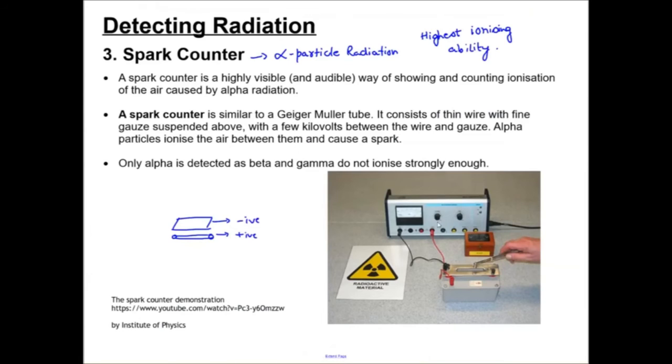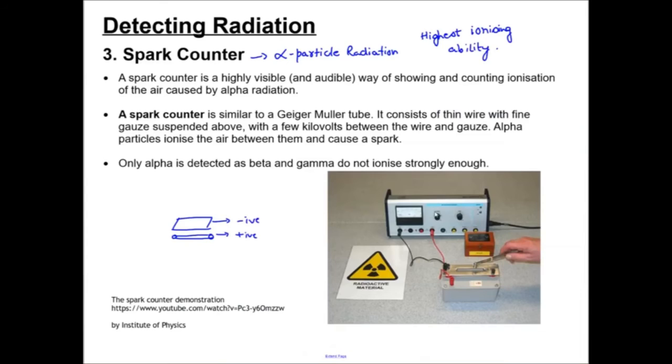And what we do is, the height of the plate you could adjust, right? So you have a wire and a plate over it, and you could adjust the distance between them.